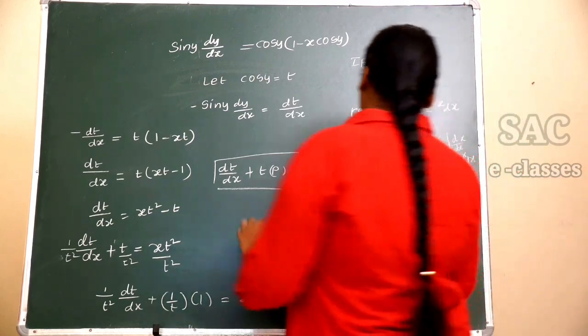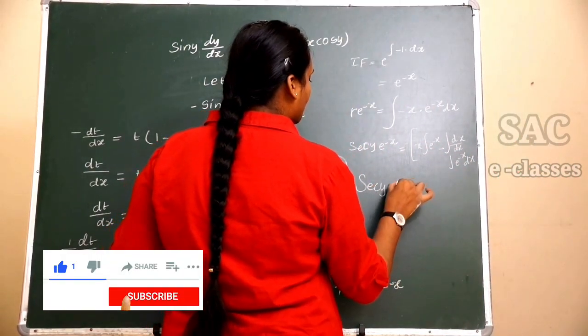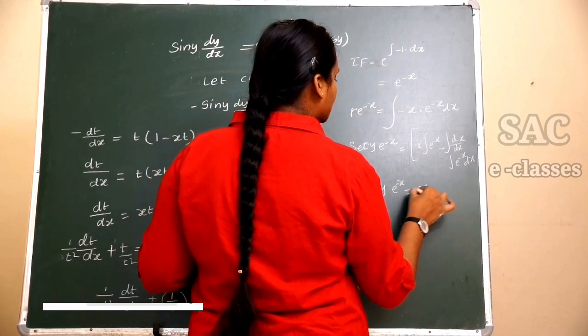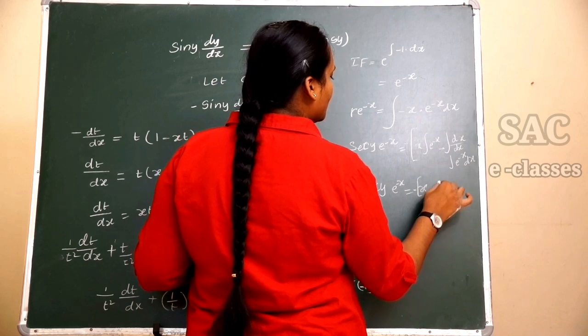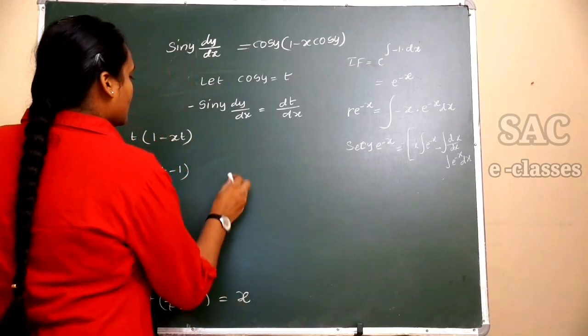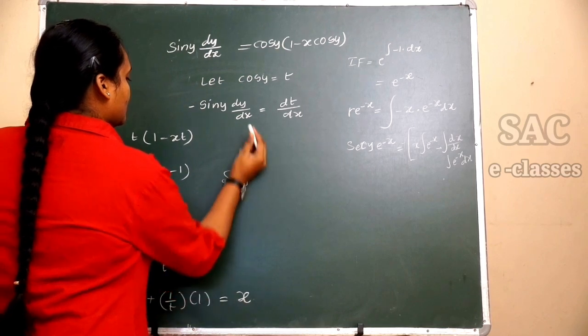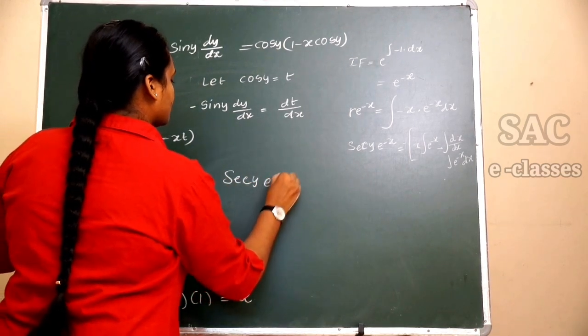So clearly it was converted as secant y into e power minus x equal to x into minus e power minus x, and the minus is already there.